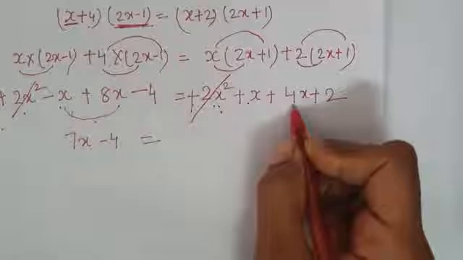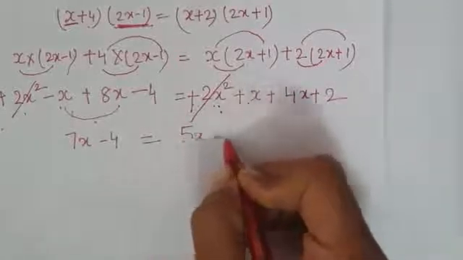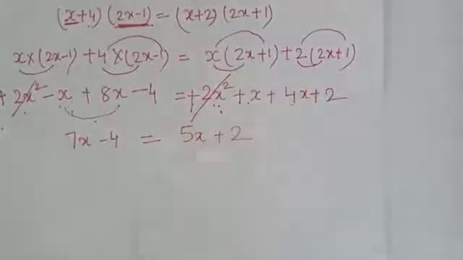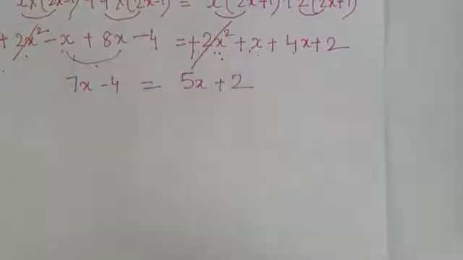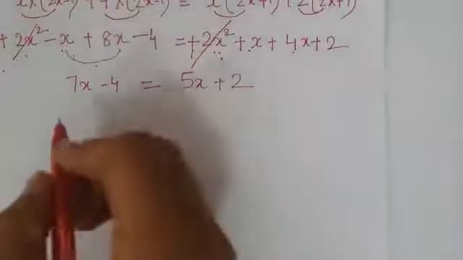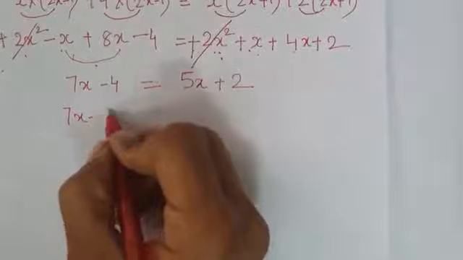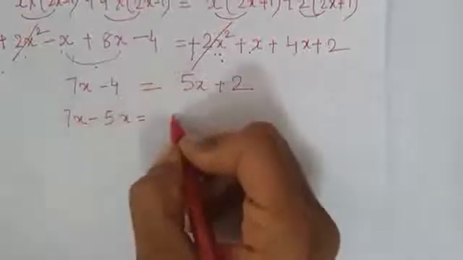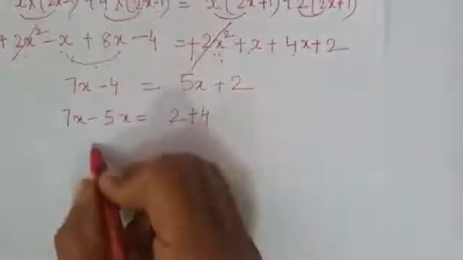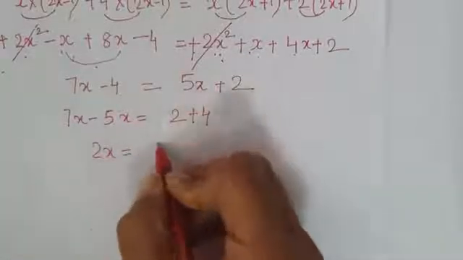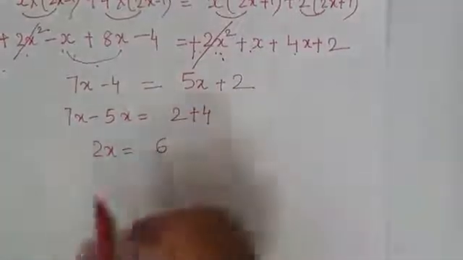x plus 4x, 5x plus 2. Now again, keep the terms having variable on one side and the constant terms on the other side. 7x minus 5x, then 4 shifted there, 2 plus 4, we get 2x is equal to 6.